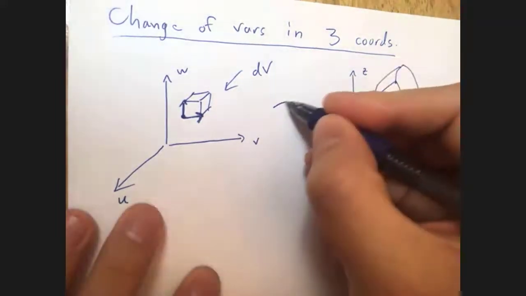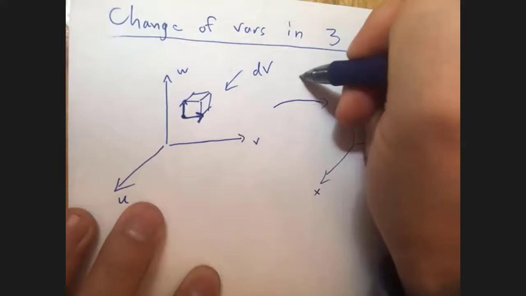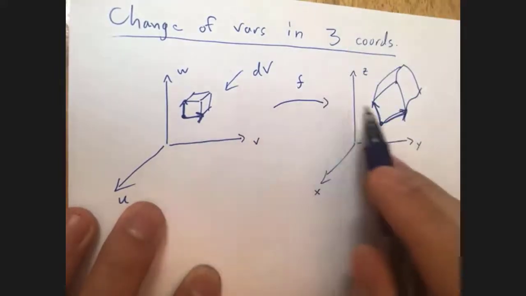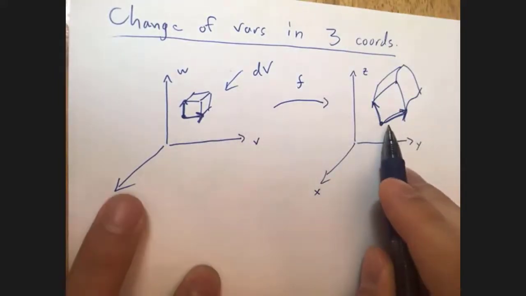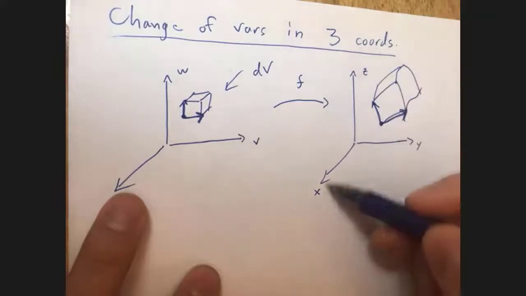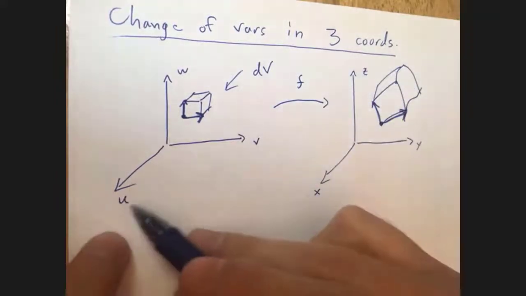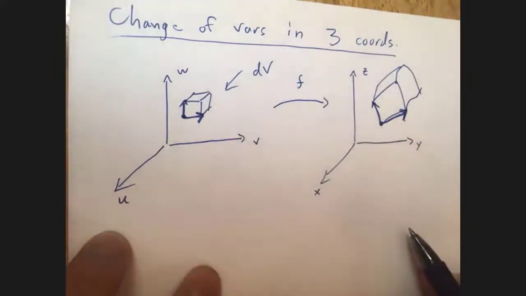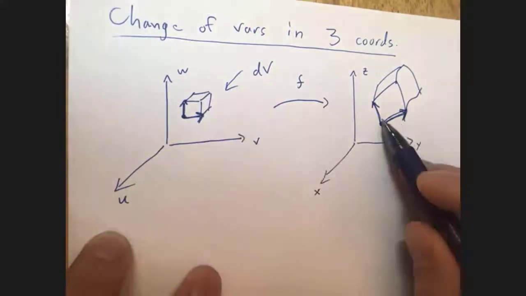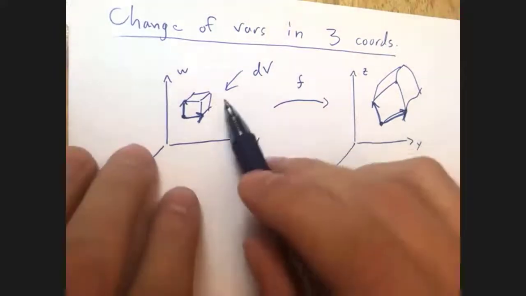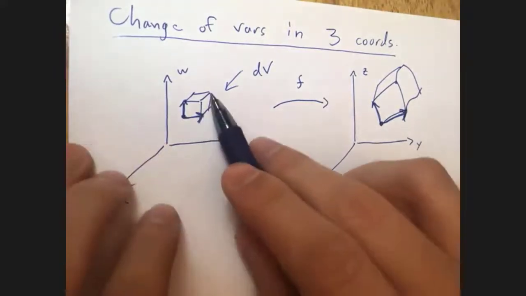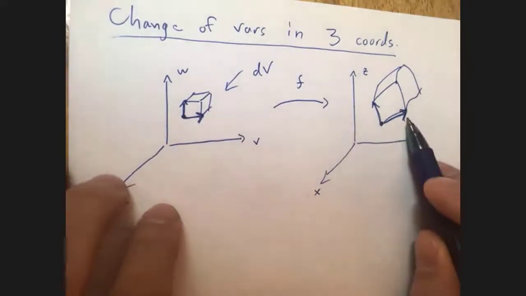In that video, I talked about how there's a function that transforms us from this set of coordinates to this set of coordinates. Each of x, y, and z is a function of u, v, and w. So given a u, v, w, I know what my new x, y, z is. We might know the volume of this, and what we want to do is find the volume of this.